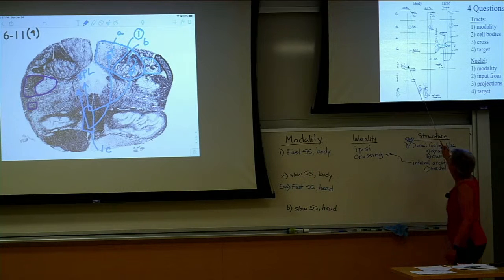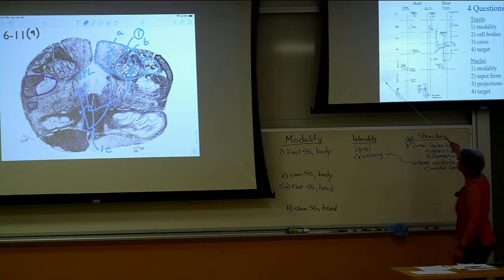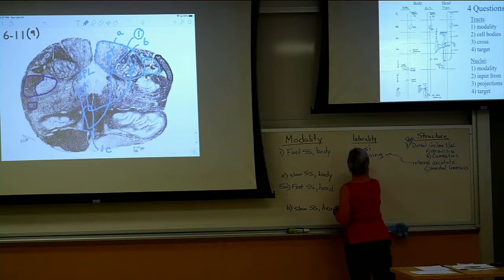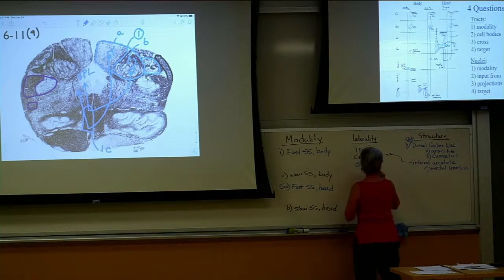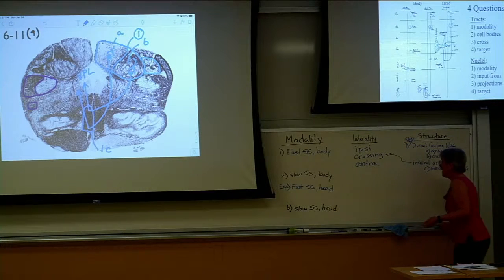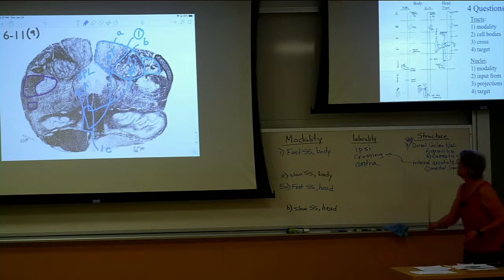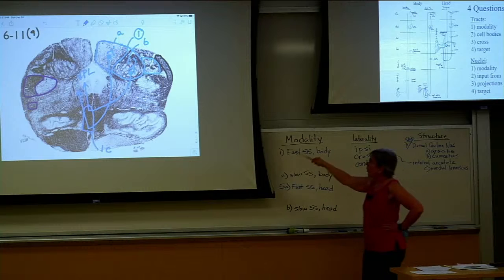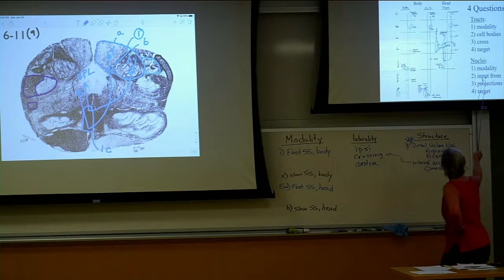So we're right here, and the information started on the other side of the midline, so it will be contralateral. And the modality is going to be, for all of these, fast somatosensory.